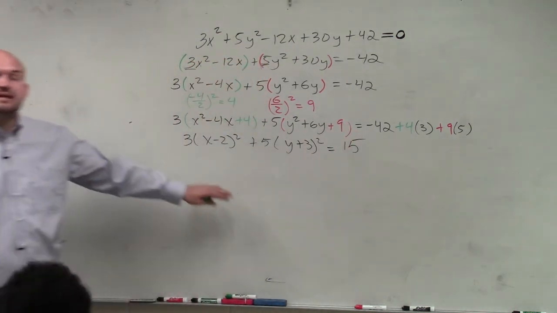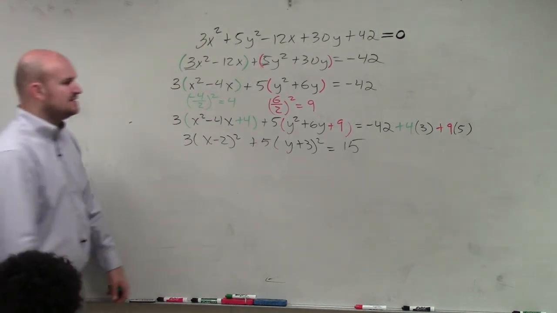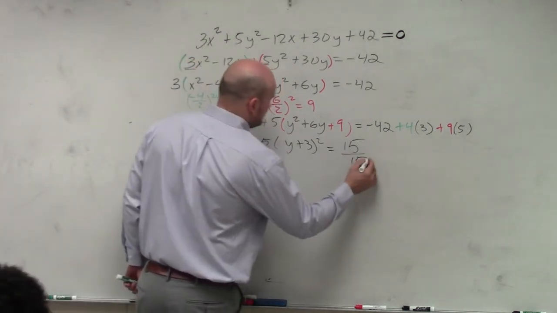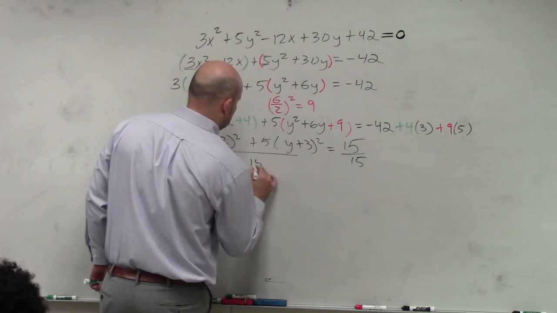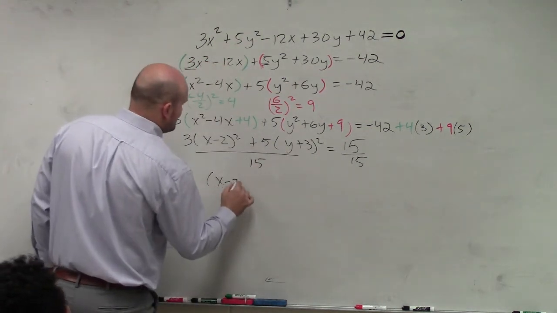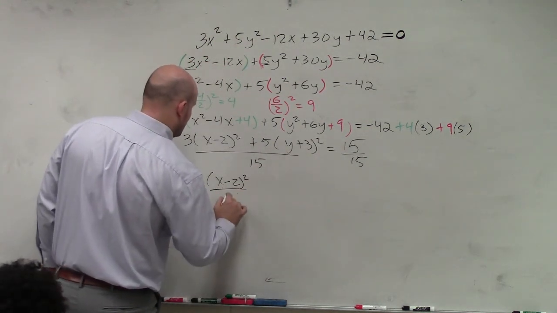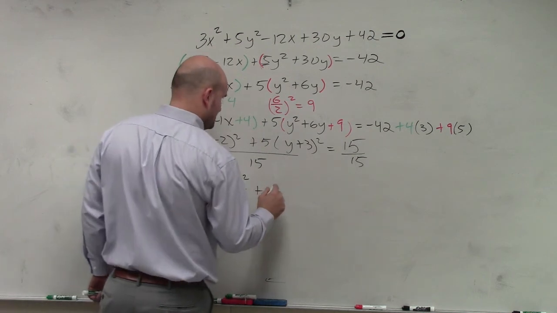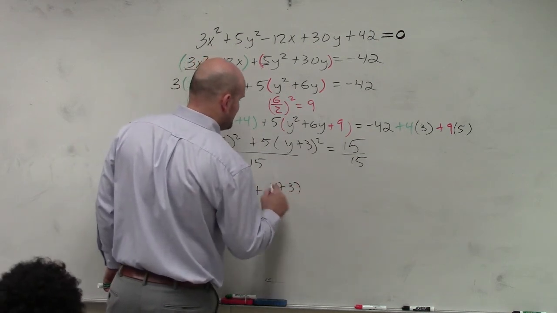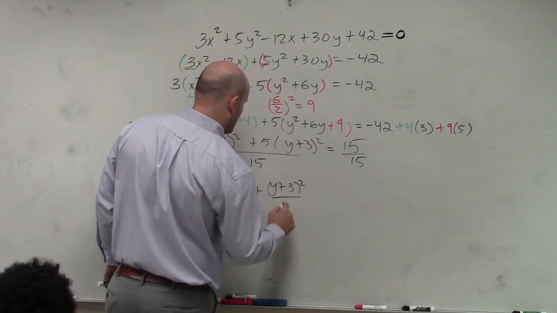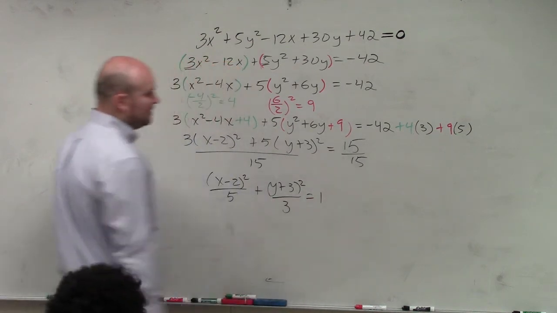I realize this is an ellipse, not a circle, so I divide by 15 on both sides. x minus 2 squared over 5 plus y plus 3 squared over 3 equals 1.